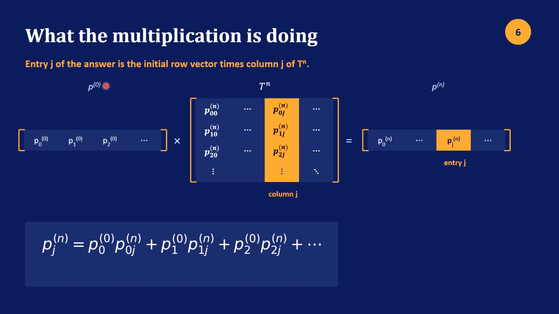So here's the matrix vector equation I showed you on the last slide: P0, T to the n, and then P to the n. I've written out the details, or at least part of the details, for each one.